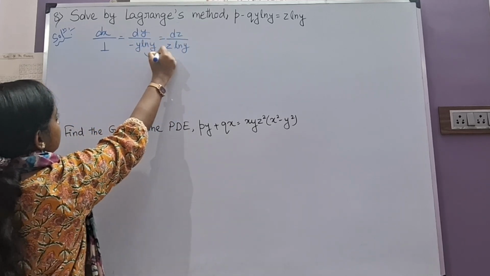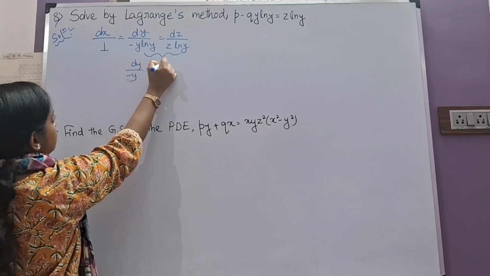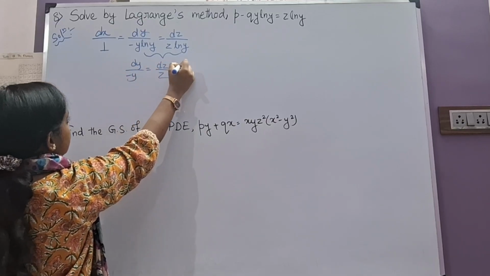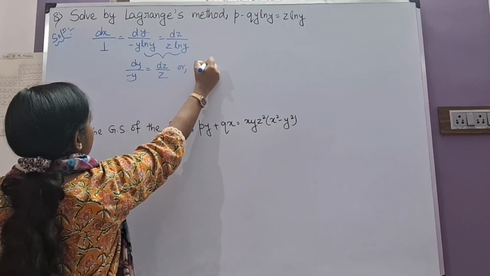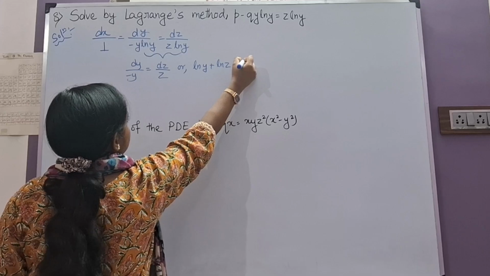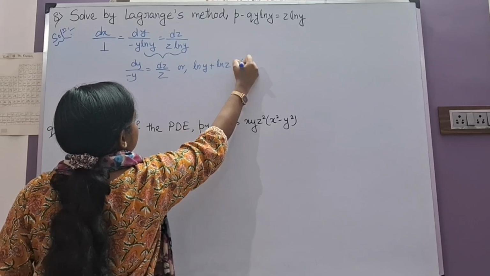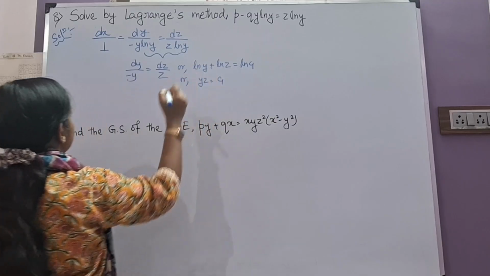Now choosing the last two ratios, we get dy by minus y equal to dz by z, or log y plus log z equal to log c1, or yz equal to c1.